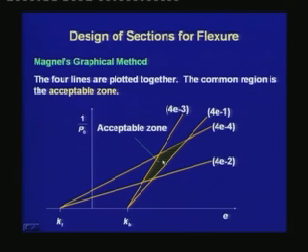Thus, for a particular section, we may have an acceptable zone, and we have the freedom of selecting values of P0 and E within that acceptable zone. If there is no acceptable zone for a section, then that section is not suitable for the given loading conditions, and if the acceptable zone is small, then we do not have much freedom in the combinations of P0 and E, and we have to select a value which lies in that acceptable zone.